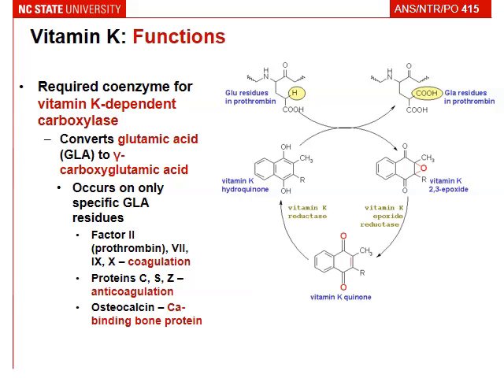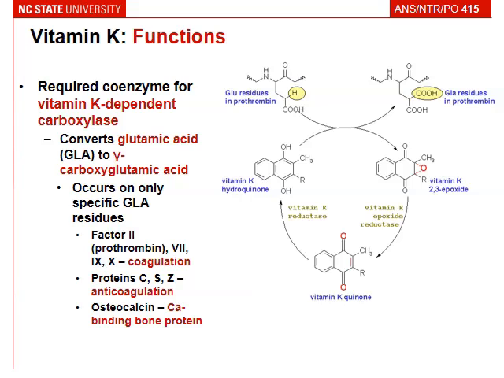And then finally, we have osteocalcin. This is one of the overlooked functions of vitamin K that is actually pretty critical for proper bone function and mineral density. You have to have vitamin K to activate osteocalcin.